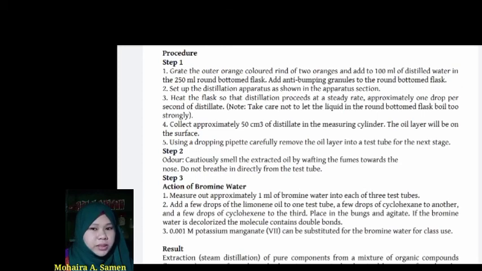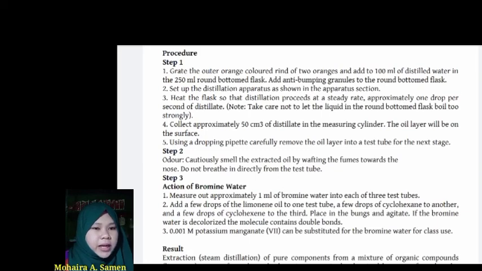So step 3, action of bromine water. Measure out approximately 1 ml of bromine water into each of these 3 test tubes. Number 2, add a few drops of the limonene oil to one test tube, a few drops of cyclohexane to another, and a few drops of cyclohexene to the third.